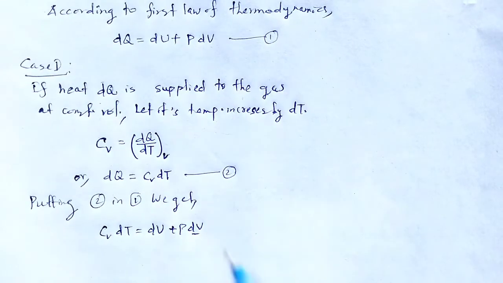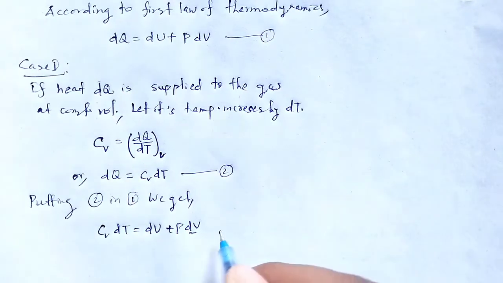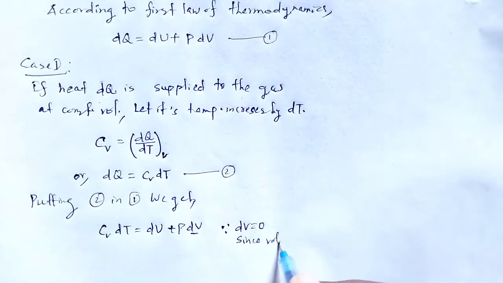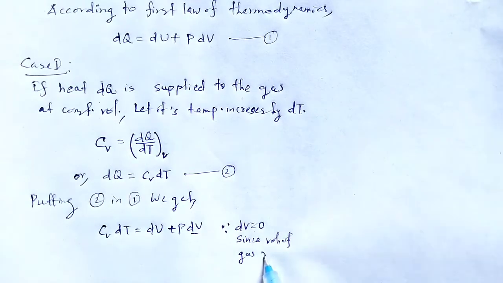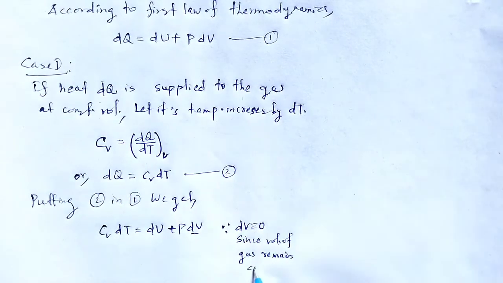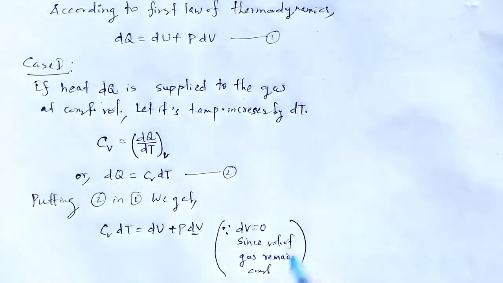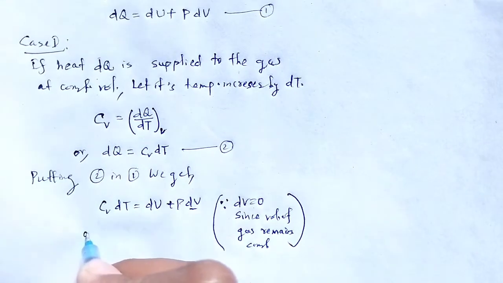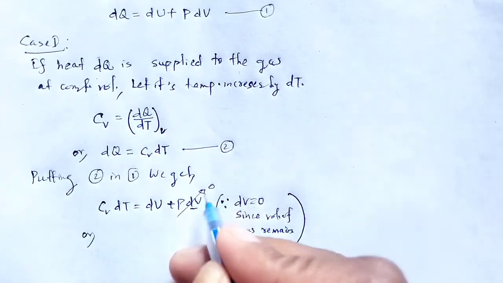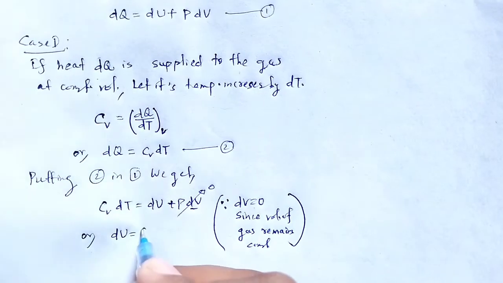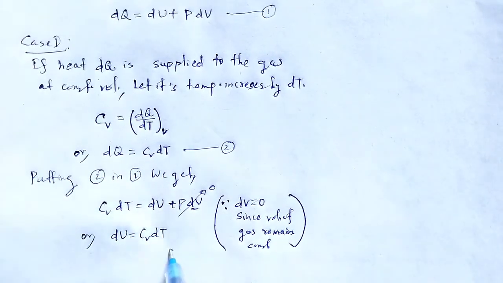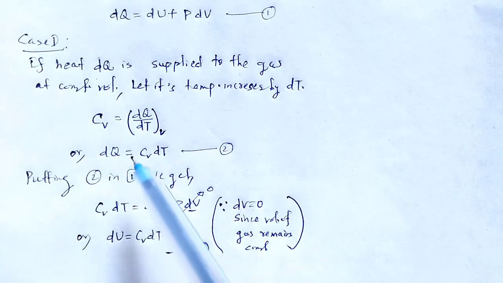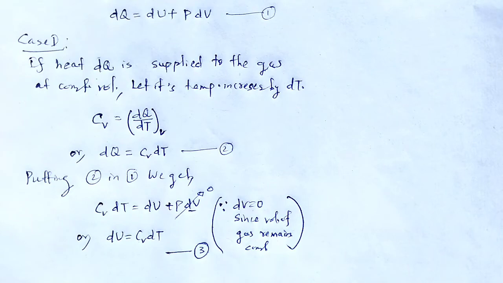Since the volume of the gas remains constant, the dv term will be 0. So du is equal to Cv dt, equation number 3. This holds for the specific heat of gas at constant volume.